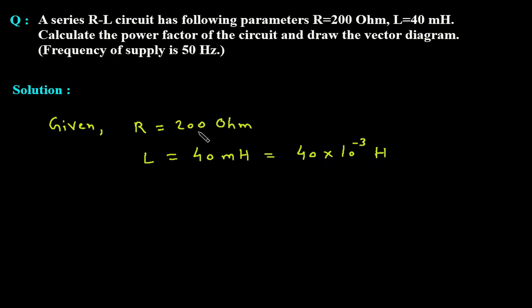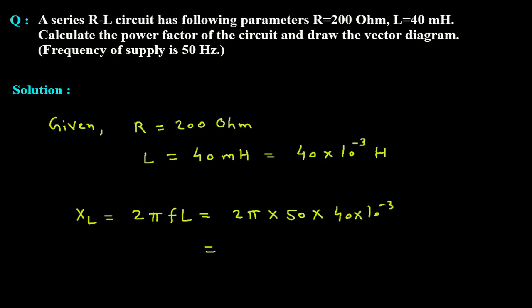Now from these values we can find XL, that is inductive reactance. So XL is equal to 2 pi FL, where F is the frequency and L is the inductance. So this will be 2 pi multiplied by F, which is 50 Hz, multiplied by L, the inductance, which is 40 into 10 to the power minus 3.